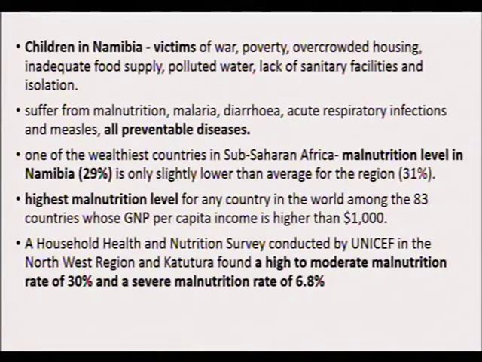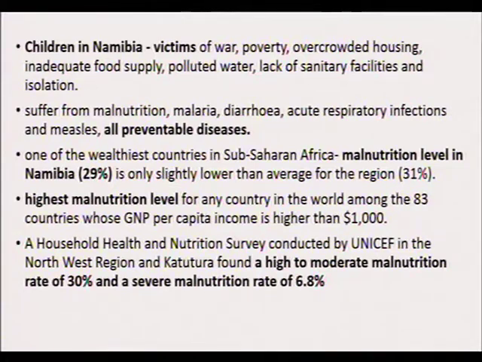Now, if we look again at the history or the circumstances that we have in Namibia, we see that many children in Namibia have been victims of war, poverty, overcrowded housing, inadequate food supply, polluted water, lack of sanitary facilities and isolation. We also see there's malaria, diarrhea, acute respiratory infections and measles, which are all preventable diseases.